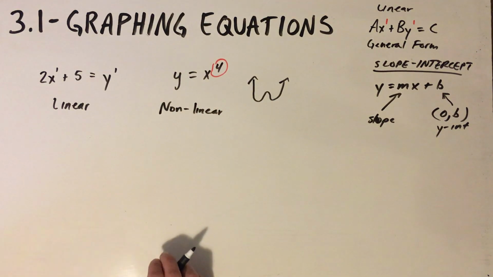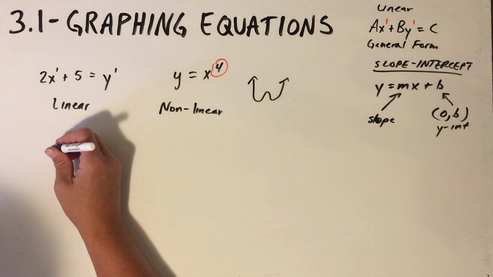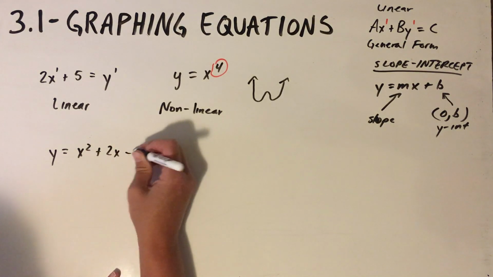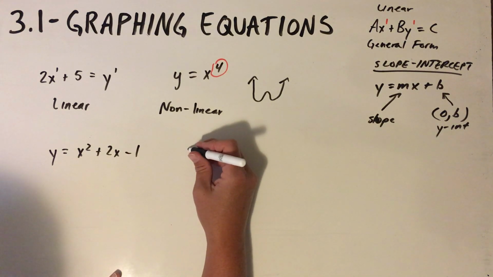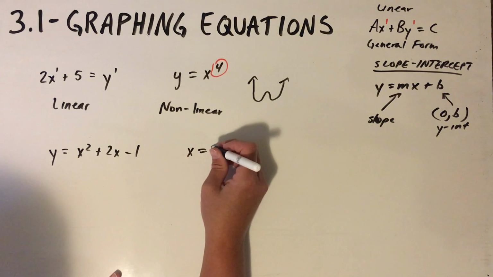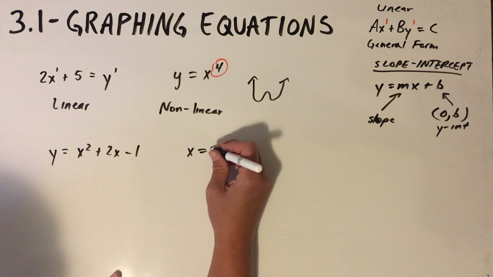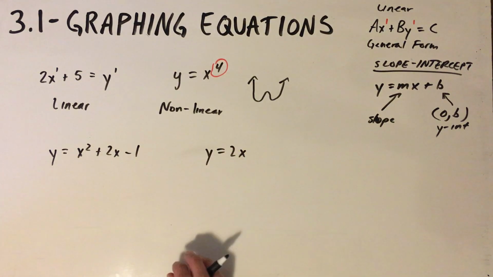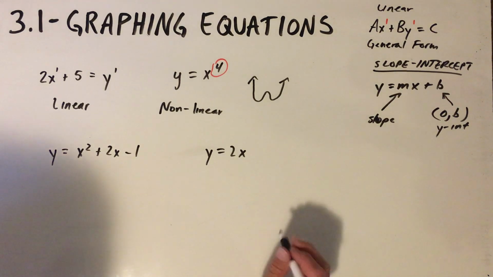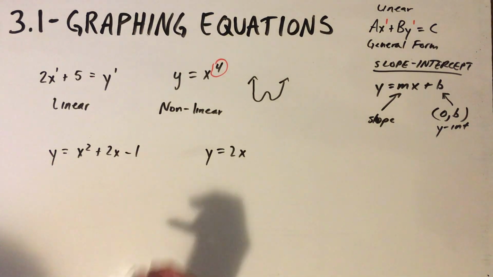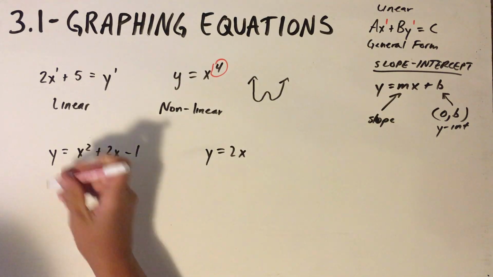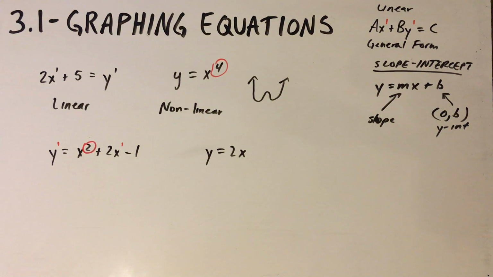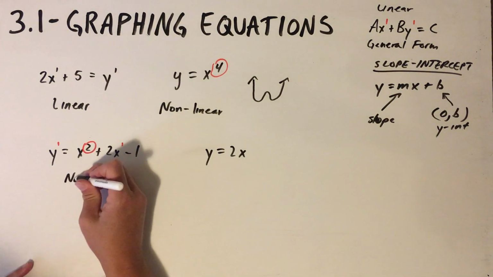Okay, so a few examples here. If I had equations like this, again, I have a y to the power of 1 and an x to the power of 1, but notice that this is to a greater power, so this will be nonlinear.